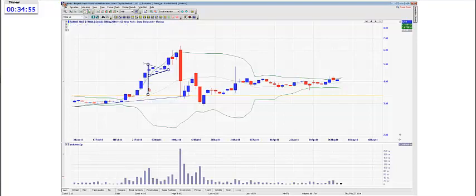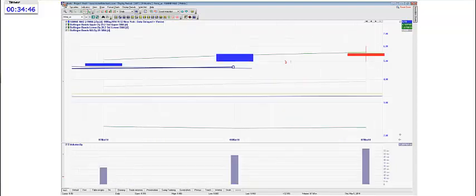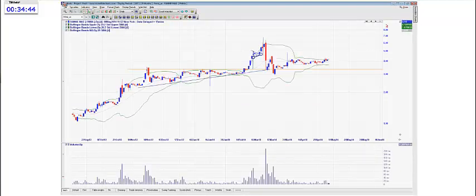Okay, we'll copy that flagpole. You can see we get a nice move there on the break from 4.59 to a high of 6.35.